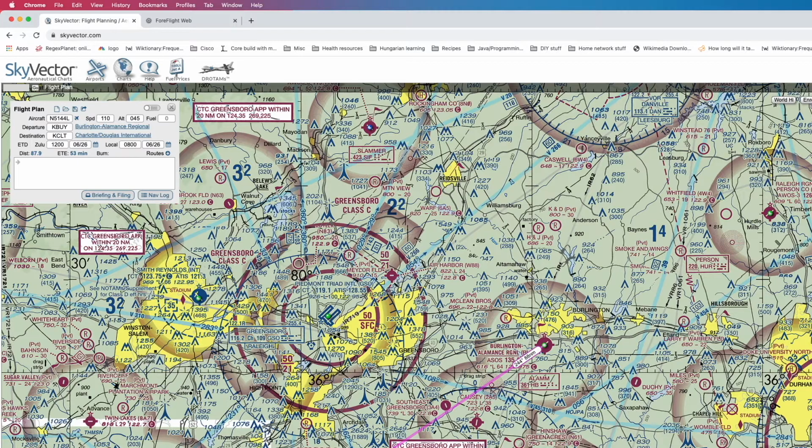And as you can see here, we have a magnetic course and a distance. What you want to do prior to actually punching this into any kind of electronic aid, you'll want to do this on a sectional in sort of a written format, very old school pencil and paper style.